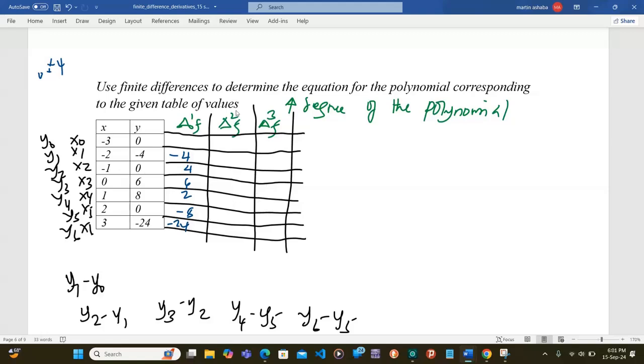I proceed. What is the second finite difference? Obviously, it will also be this minus that, this minus that.